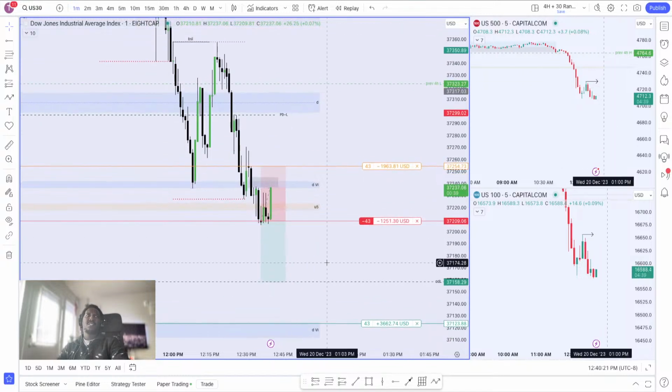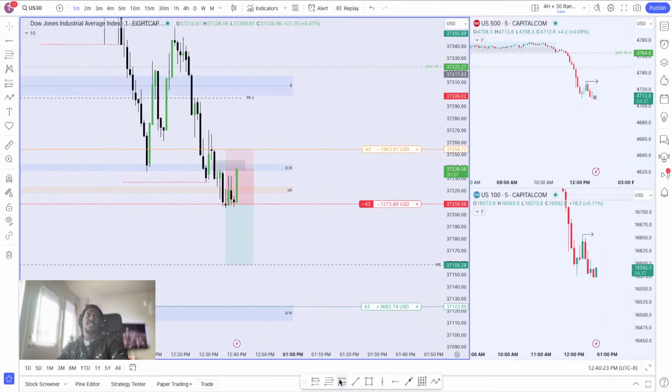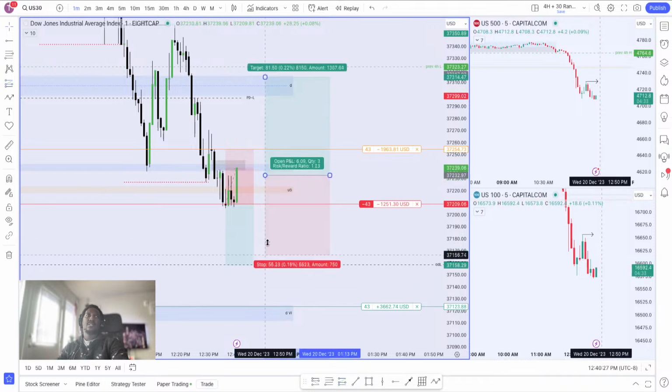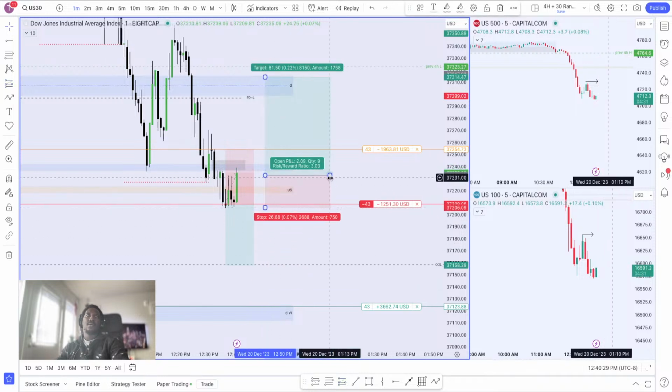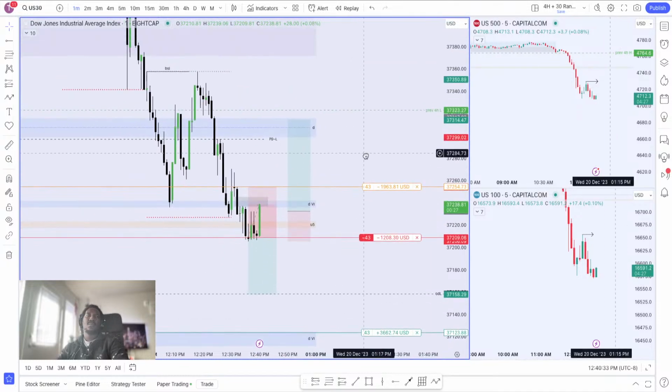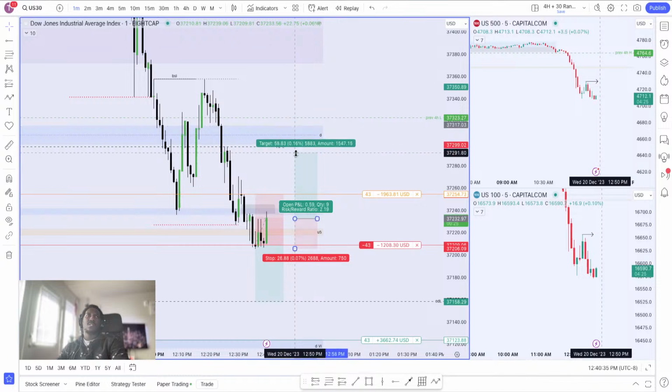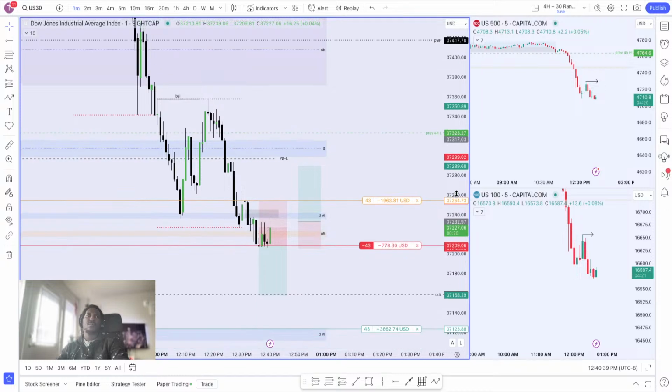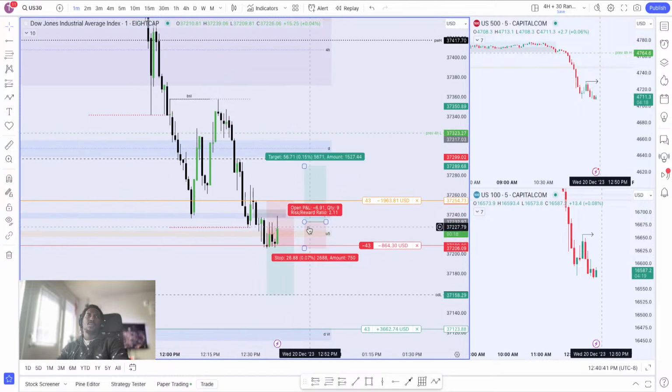So if this is not me doing so many things, my entry is supposed to be at that high and my stop right there. So let's just have that as a hypothetical entry, and 1:2 would be somewhere right there.